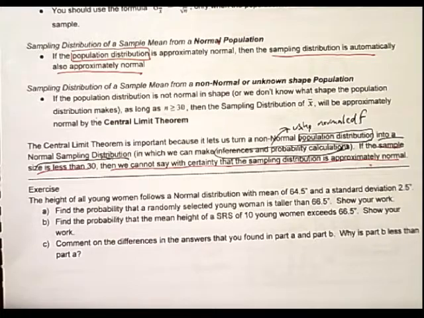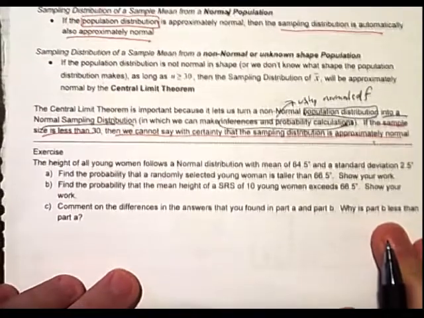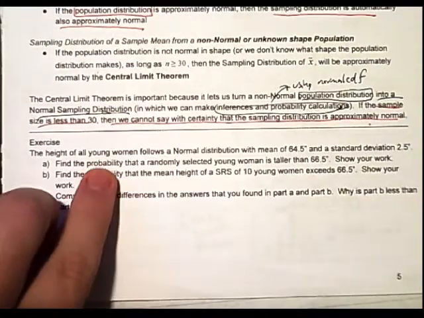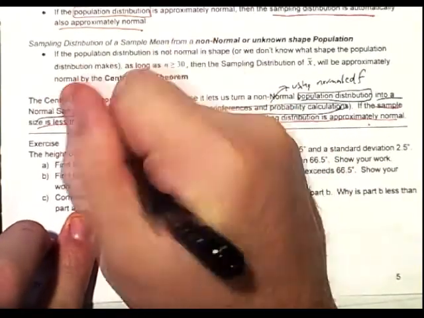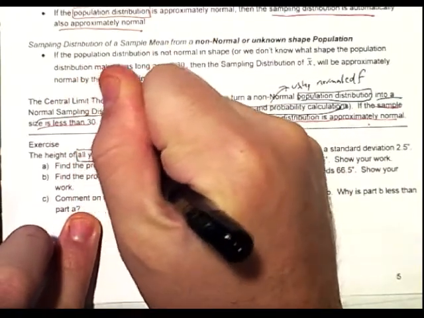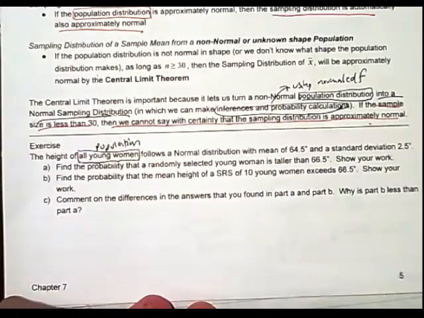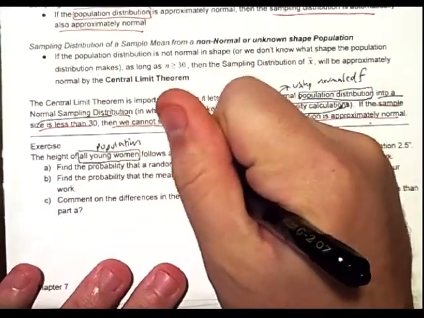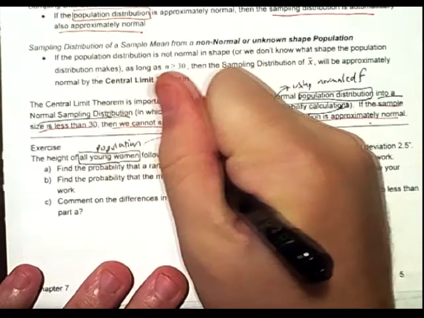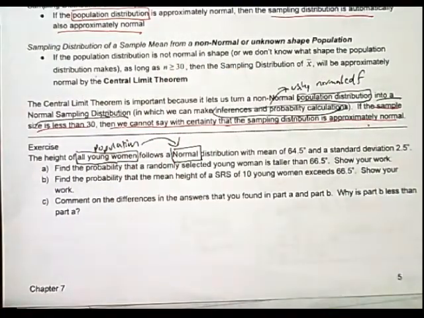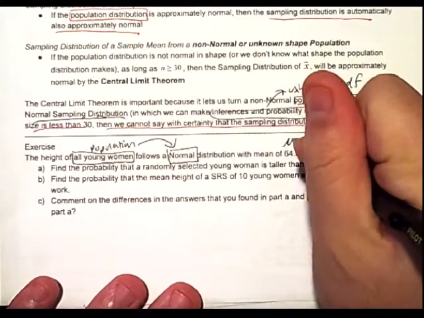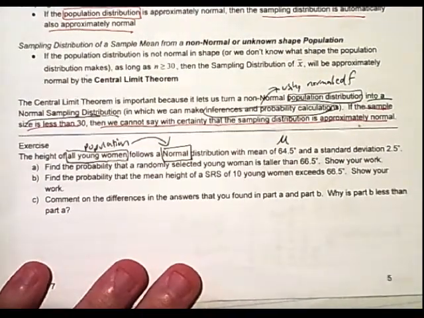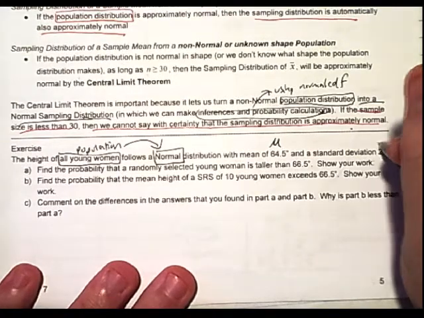Okay. So let's look at an exercise. It says the height of all young women, so they're giving me information about a population, follows a normal distribution, with a mean of 64.5, that's mu, and a standard deviation of 2.5.